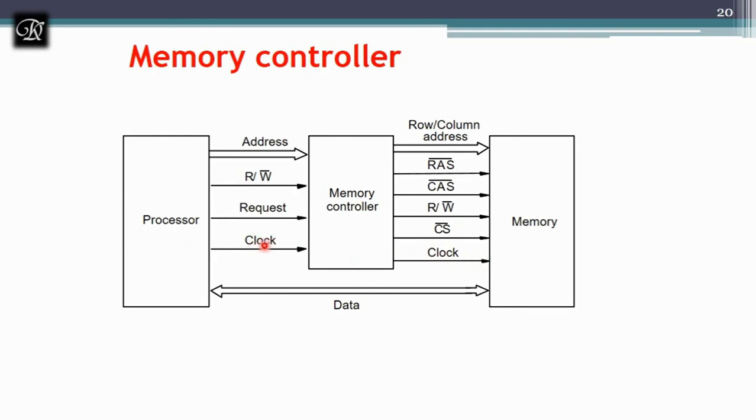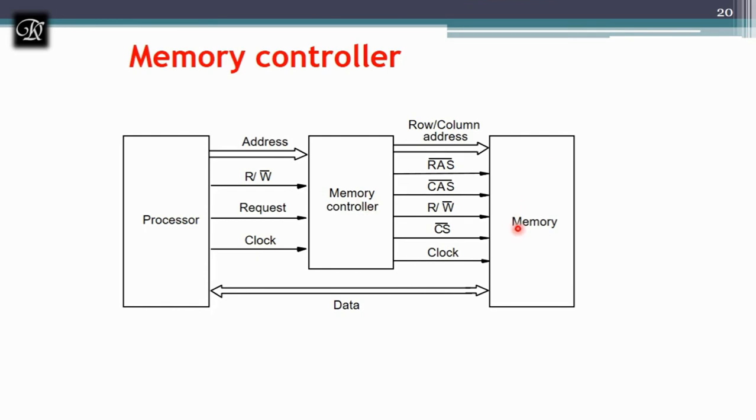If it is asynchronous, there won't be any clock from the processor to the controller, and the controller will have its own clock to the memory. For the data transmission, we don't need the controller's help, because the controller is responsible only for locating the respective address in the memory bank.